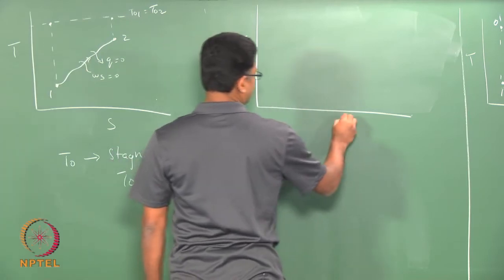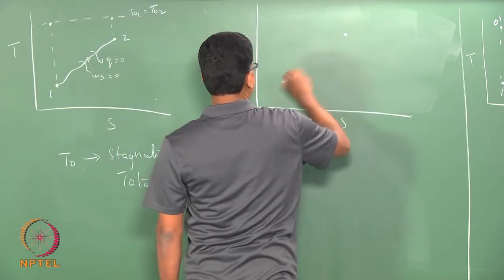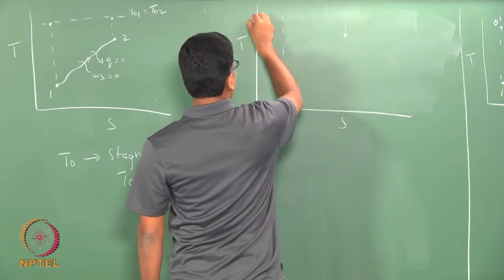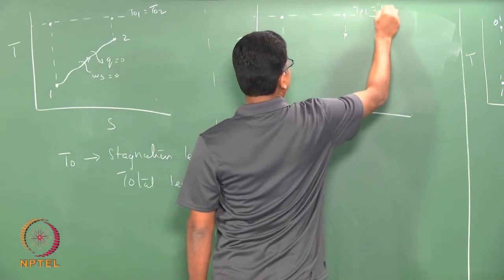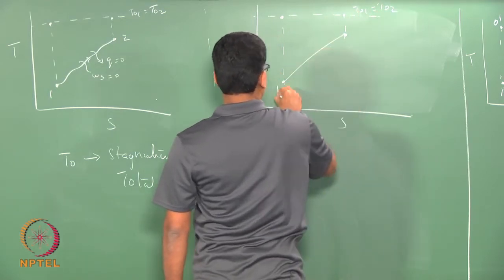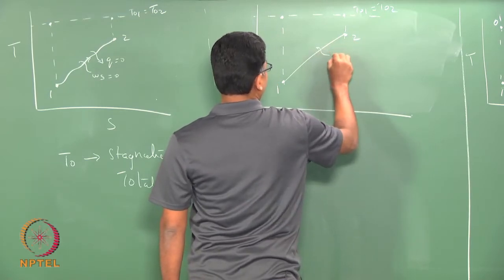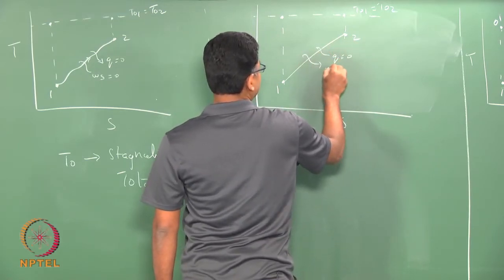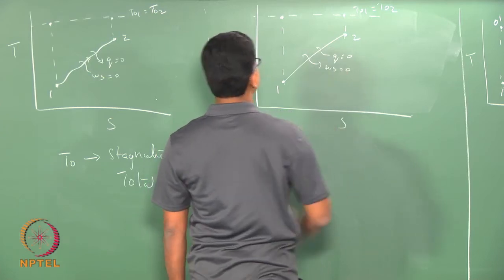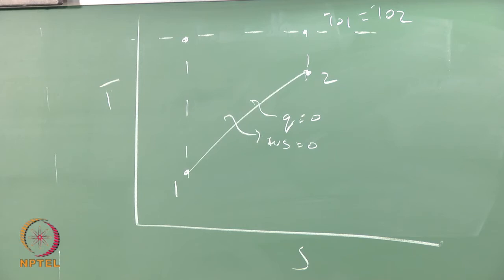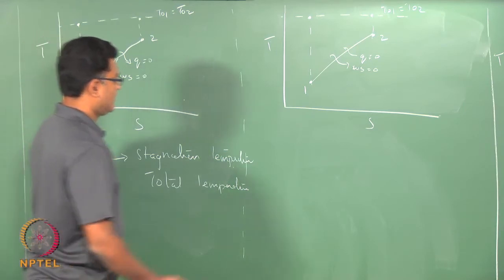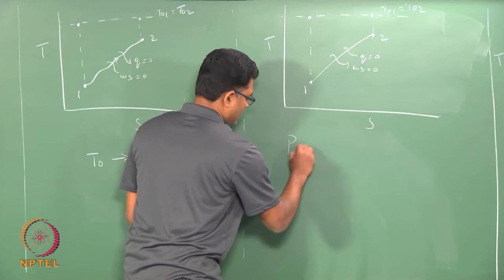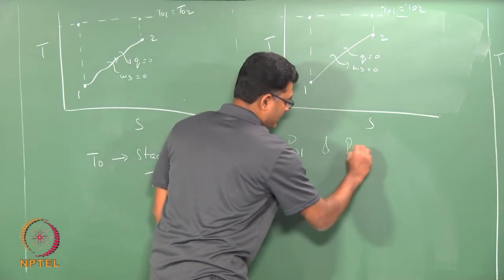Now, consider process from 1 to 2 where there is no Q, no Ws. So, my T01 is same as T02, this is 1, this is 2, my Q is 0, Ws is 0. Now, let us see what's P01 and P02.